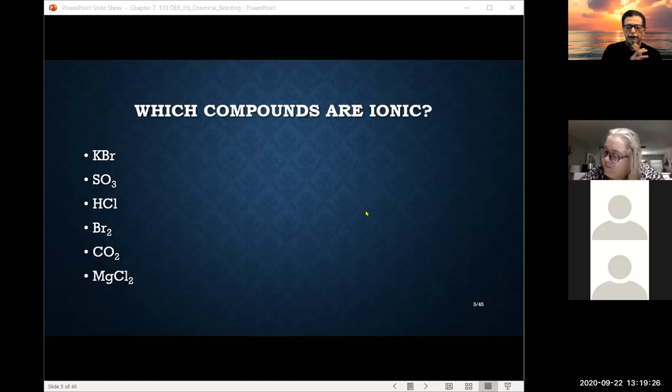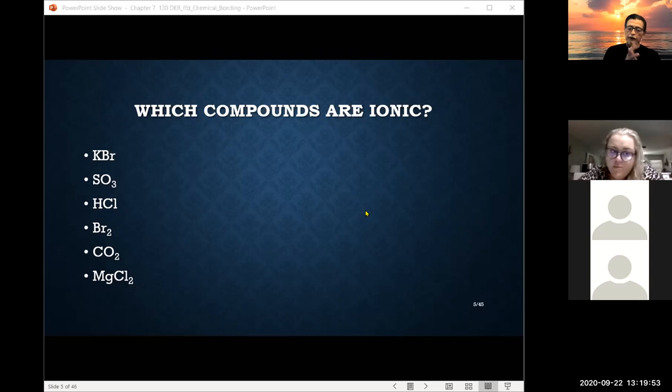Very nasty smelling gas. Okay, that's the third one, HCl. Okay, that is called hydrochloric acid. And that is the formula for the acid that's right now in your stomach. Okay, hydrochloric acid. Hydrogen's a nonmetal. The Cl is a nonmetal. Therefore, that is a covalent compound.